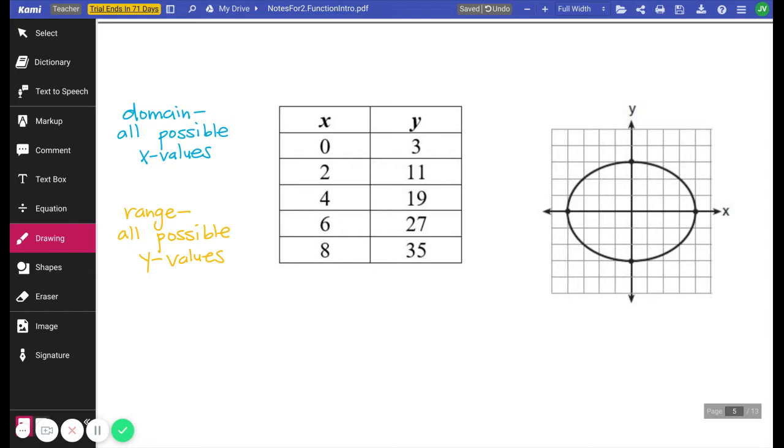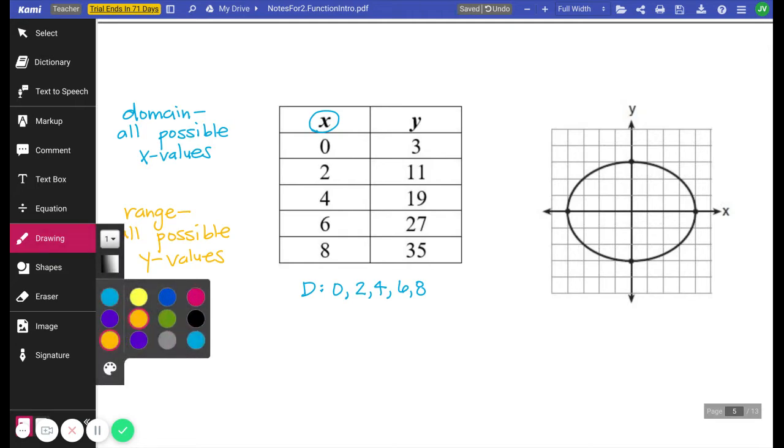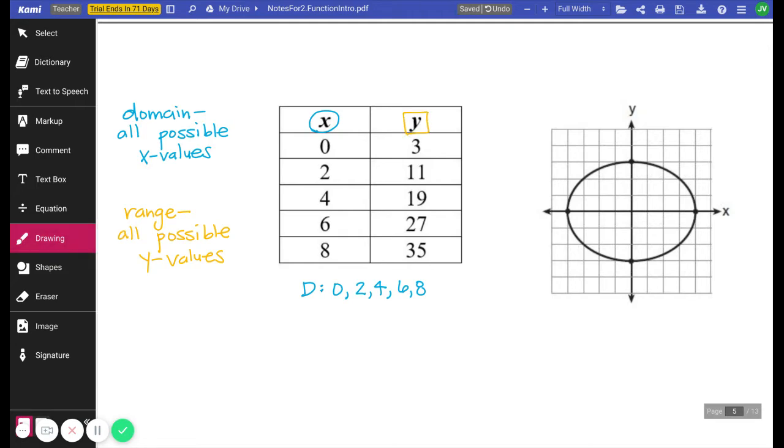Okay, so if I look at this particular table, x is my domain. So my domain, I'm just going to make a list of all the numbers. 0, 2, 4, 6, 8. My range is my y's. And again, I'm just going to make a list. 3, 11, 19, 27, 35.